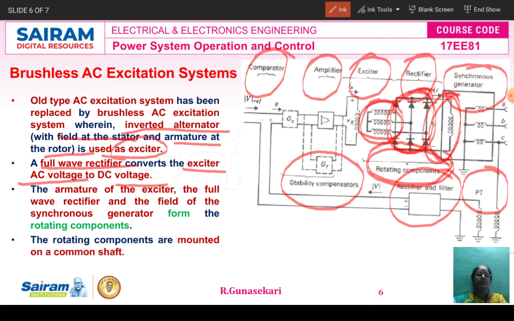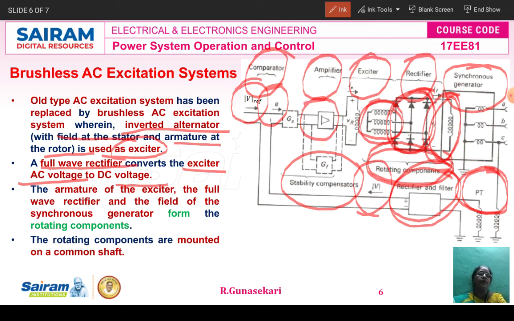Here, what is the function? First the potential transformer sends the actual terminal voltage of the synchronous generator, which is rectified and filtered by the rectifier and filter block. Then the magnitude of the terminal voltage is fed to the comparator and compared with the reference voltage. The output of the comparator is the error signal. The error signal is amplified by the amplifier.